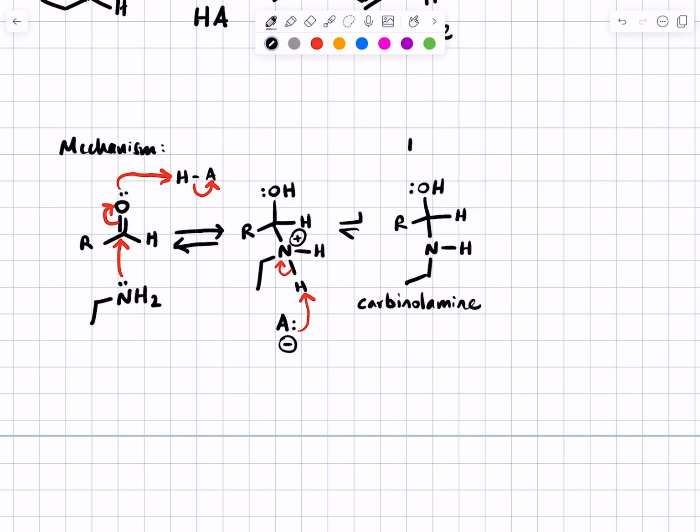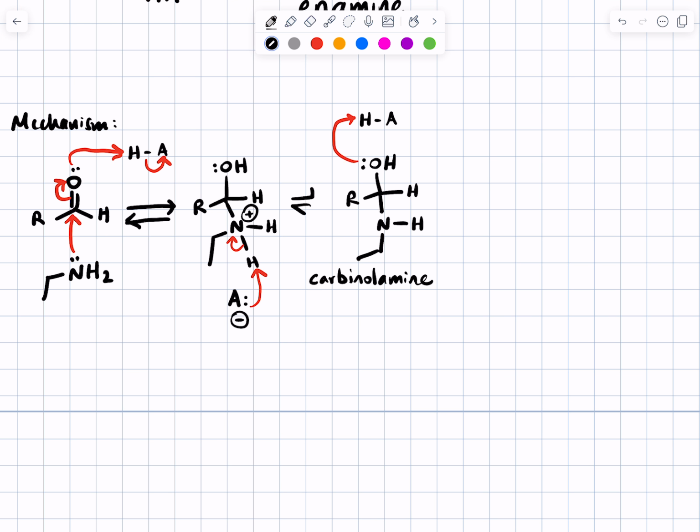But the acid catalyst, if it protonates the OH group on the carbonylamine, can convert it from a neutral OH to this positively charged oxonium ion, which now is a good leaving group. So here's the good leaving group.